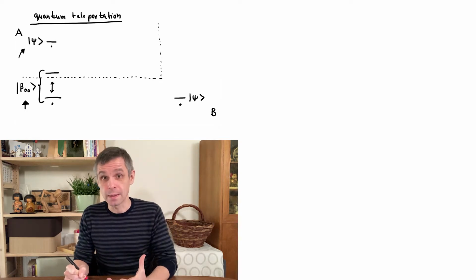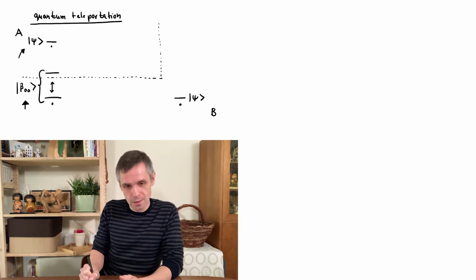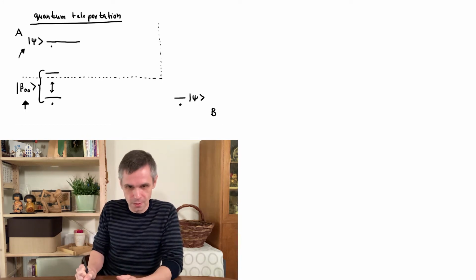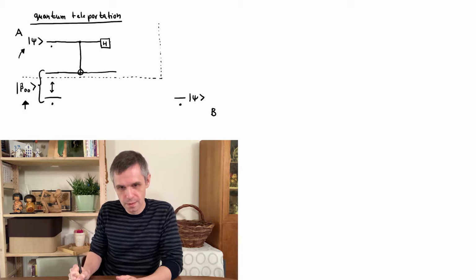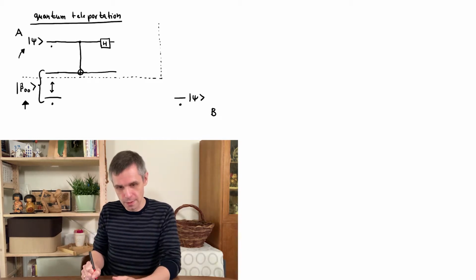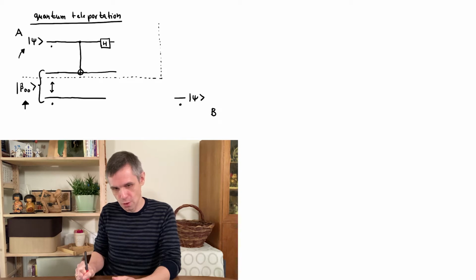And the way that we can achieve this is to make use of our disentangler circuit, so the inverse of our entangler circuit. In there we have again this controlled NOT operation, and then a Hadamard gate. So this is really a key component in this quantum teleportation circuit.